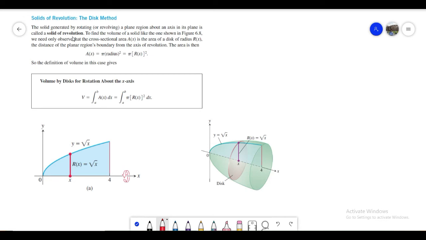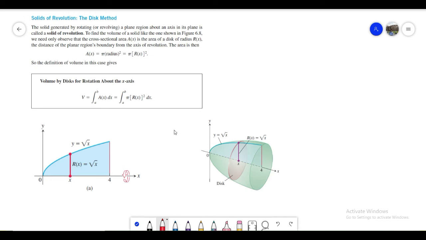So to find the volume, as we have shown in the figure, we need only to observe the cross-section area A of x of the disk, with radius r of x, which is the distance from the region's boundary to the axis of revolution.